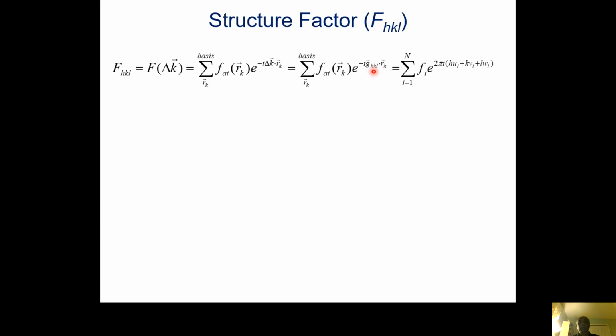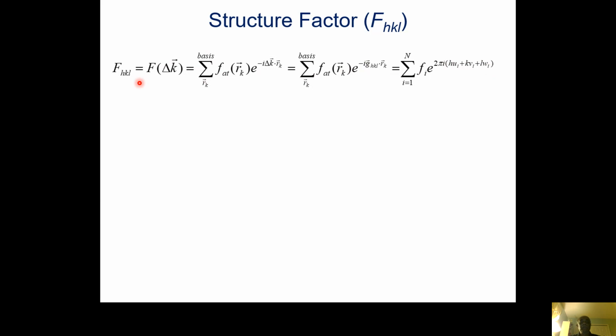So it's in terms of these unit vectors. If you know those indices HKL, then you take this dot product, where u_i, v_i, w_i are the indices or the coordinates of each atom in the basis.